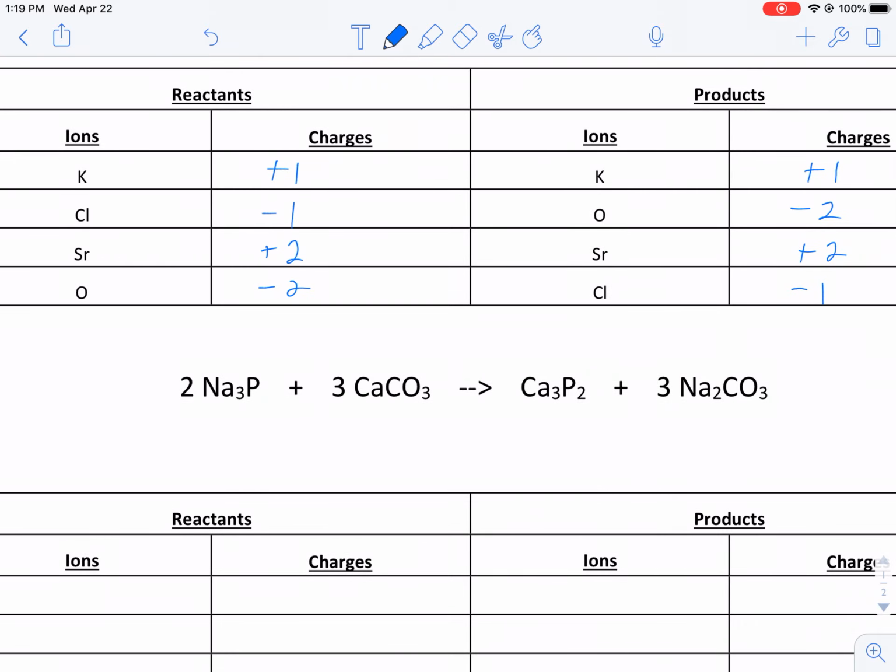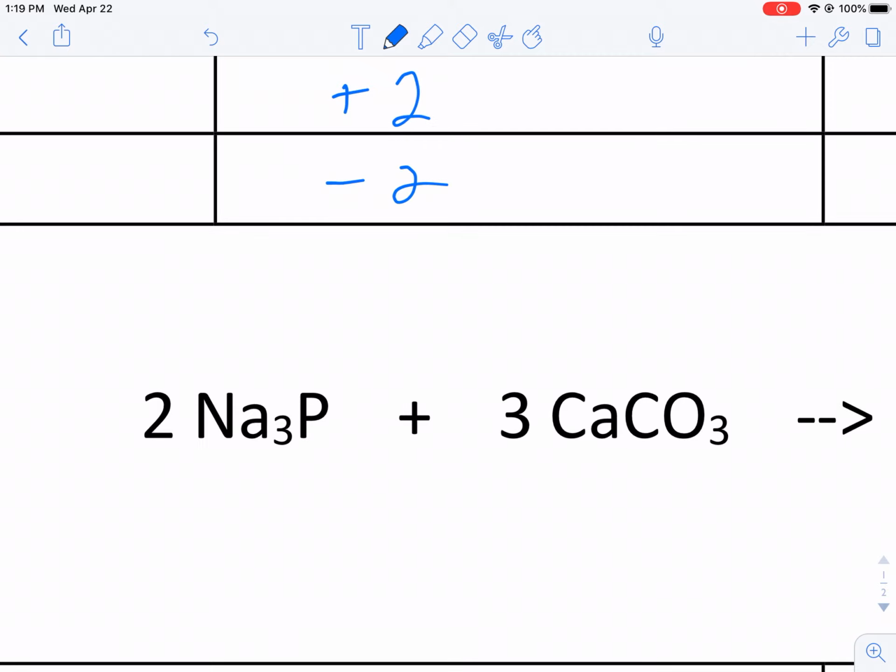Another common mistake people are making is when we come to polyatomic ions. So let's look at Na3P. Na is in group 1. I know it's a +1. So if I use the reverse swap and drop method, phosphorus then has to be -3. Calcium is in group 2.